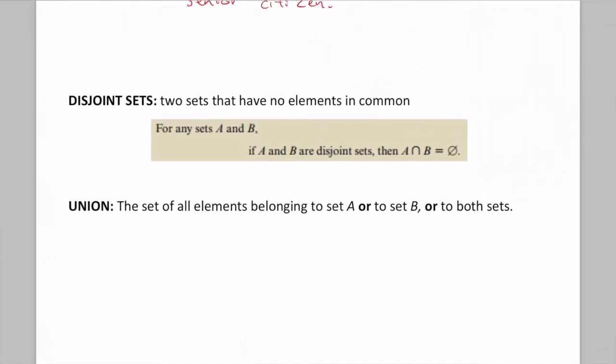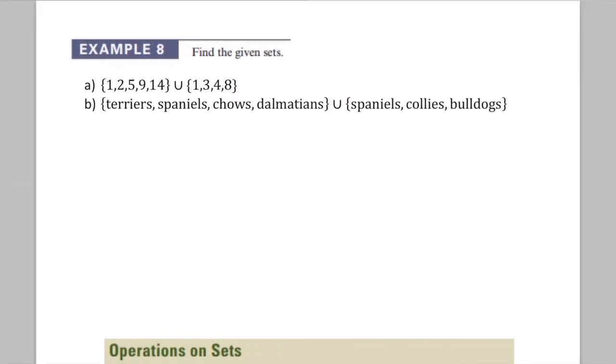Disjoint events are two events that have no elements in common, except, of course, the empty set. Now, union: the set of elements belonging to set A or set B, or to both. For A, we have 1, 2, 5, 9, 14, and it wants us to find the union with 1, 3, 4, 8.